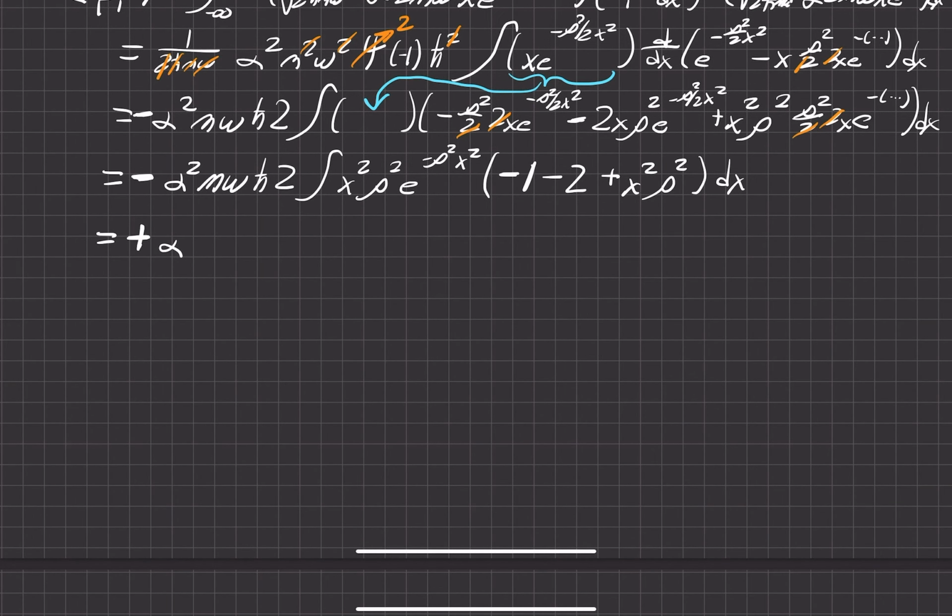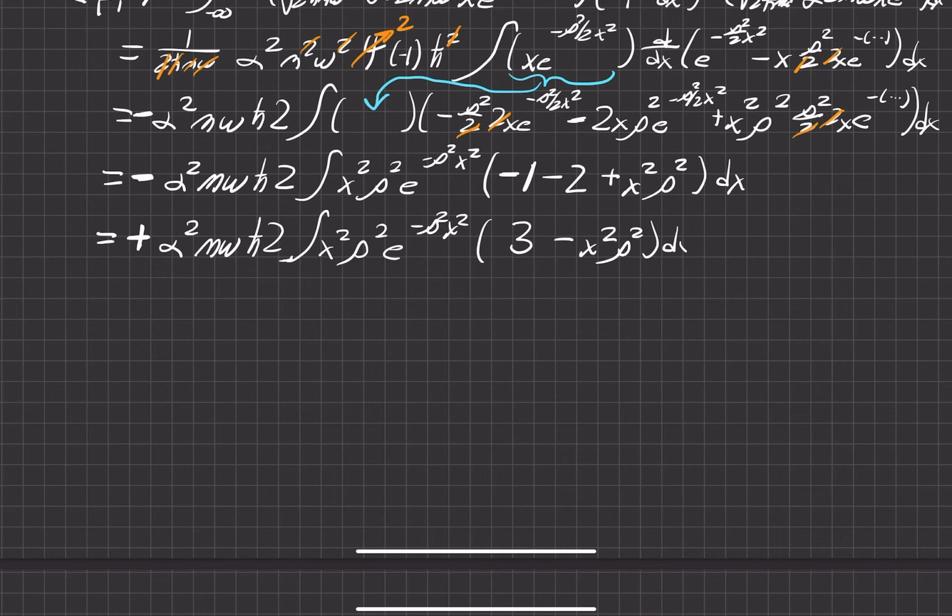Positive m omega h bar 2. All right. So let's just do one more simplification. Doesn't hurt to be more explicit with these tricky things. So just to really show that I threw that negative sign in here, that's what we got. So this is the integral that we're going to be working with here.